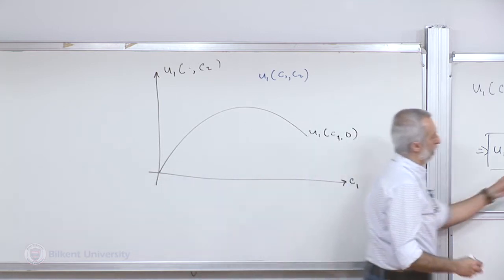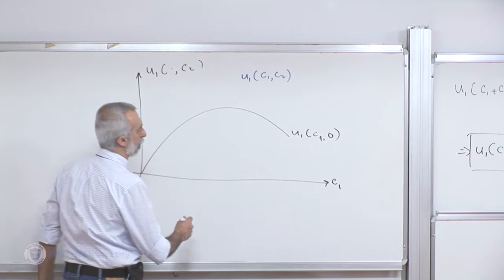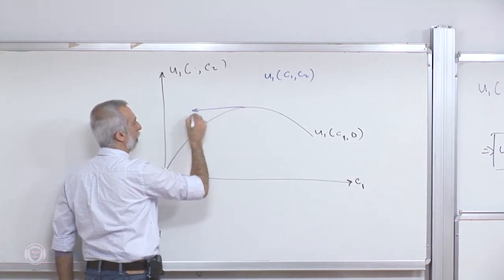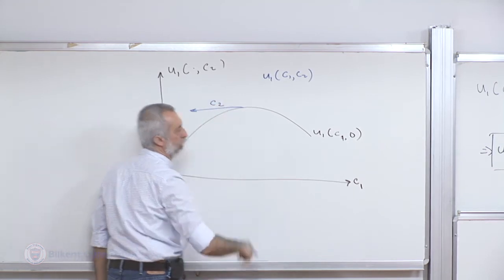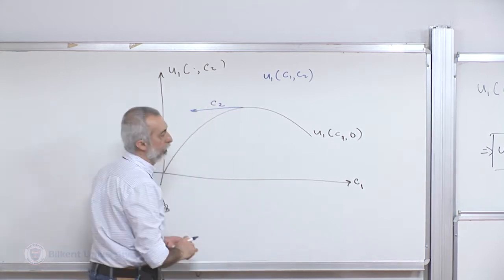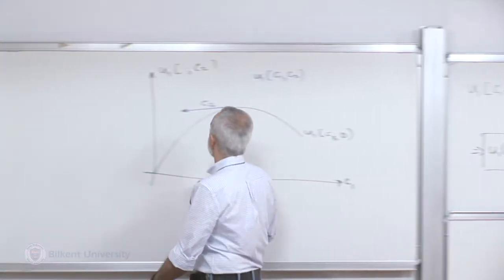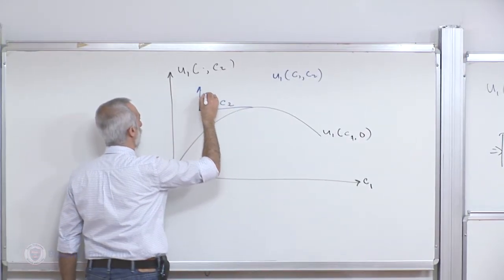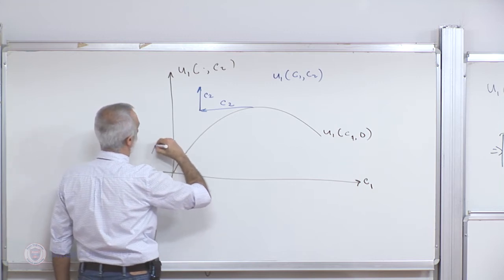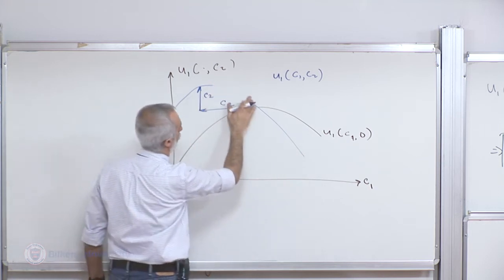This is essentially this part with C2 equal to 0. So what it says is shift this to the left by C2 units because of that plus C2. And then we add C2 to the function, which means it's shifted up by C2 units. So what we get is something like this.